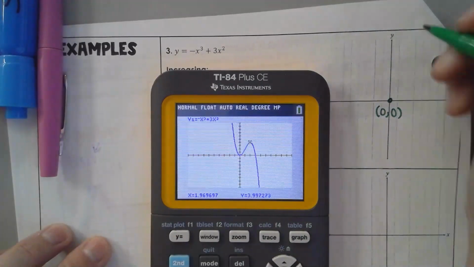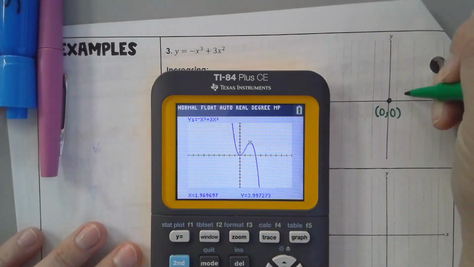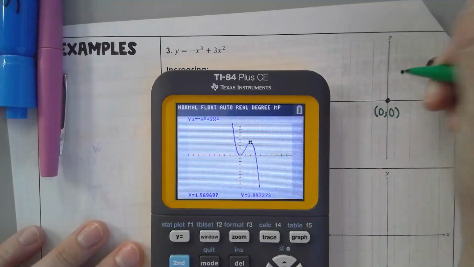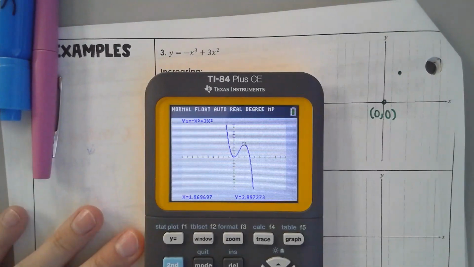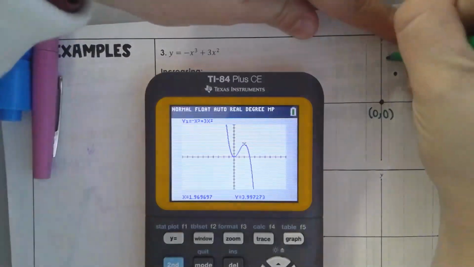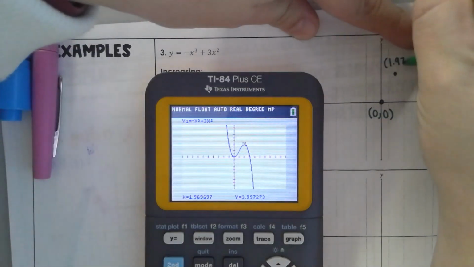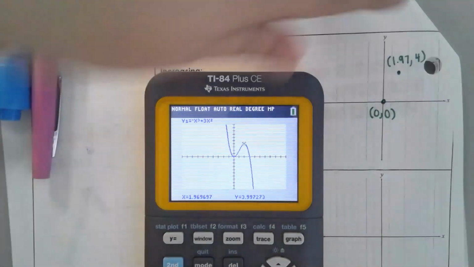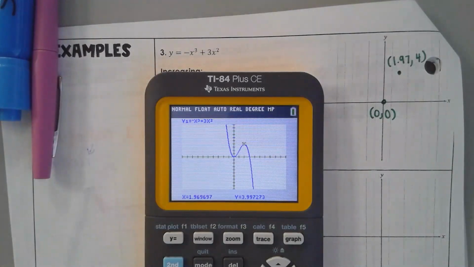So 1.974. And do the best you can. I know you can't see all those lines. 1.974.